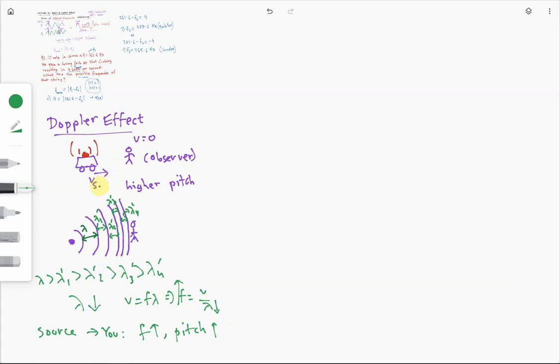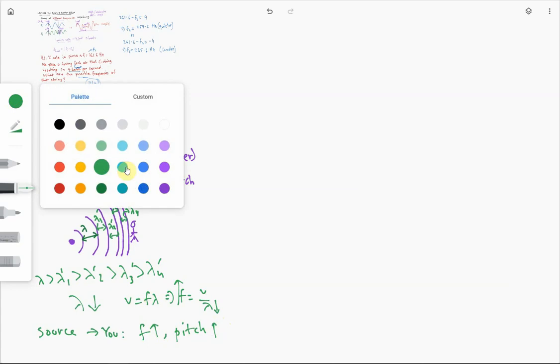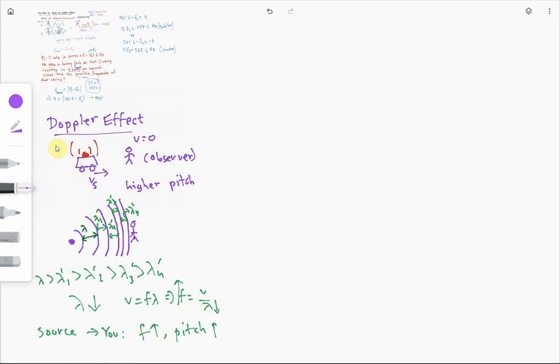Now mathematically, as we have understood by now, physics is a very mathematics based subject, so we need mathematical equations to really understand what's going on. Now for a time period t, what happens to the wave? The source moves towards you, so the wavefronts created by the siren are moving towards you.